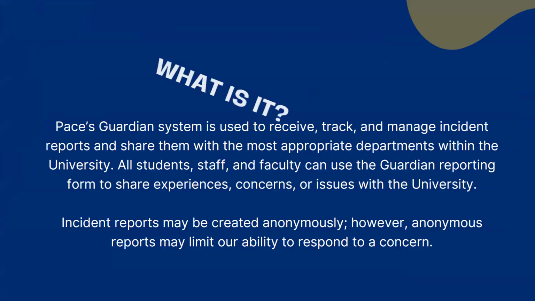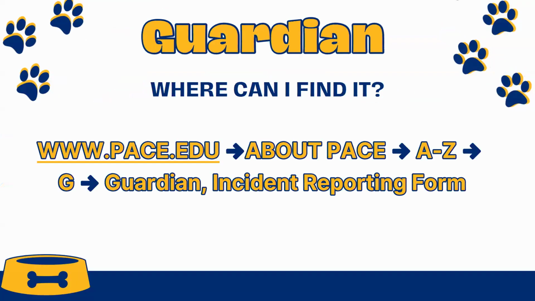As we move forward, let's focus on how you can access the Guardian system. To find it, simply go to the PACE website, navigate to About PACE, and then look for the A-Z section. Under the letter G, you will find Guardian and the Incident Reporting Form. This system is crucial as it allows everyone, students, staff, and faculty, to report incidents and concerns.